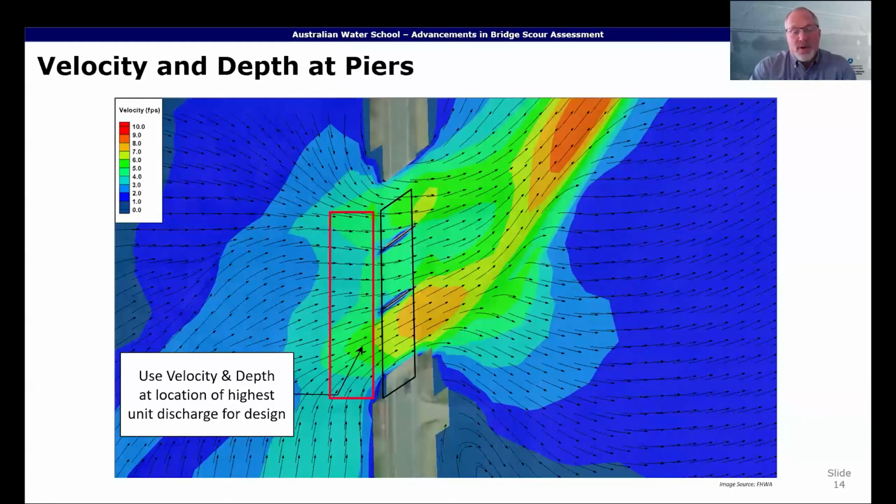But for design purposes, Federal Highway Administration recommends actually using the velocity and depth at the location of the maximum unit discharge across the width of the channel upstream of the bridge. And really what that's doing is accounting for the possible migration of the thalweg or even the channel across that bridge.